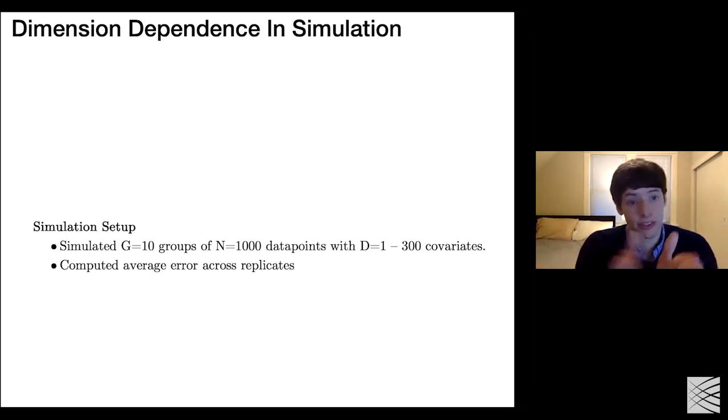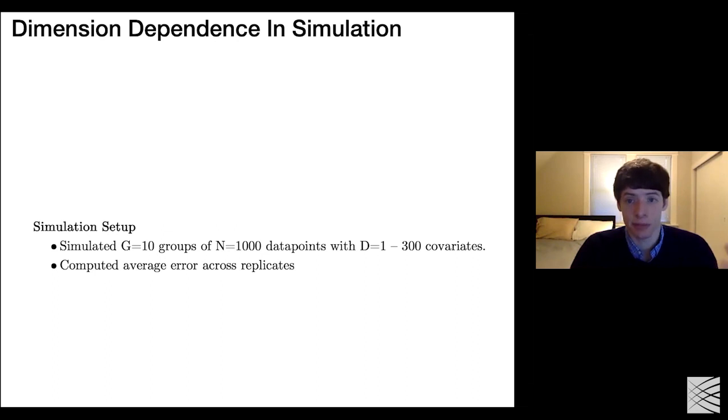For each of these dimensionalities, we're going to sample parameters, then generate data from our likelihood conditioned on these parameters, and see how the error of different estimators compares.